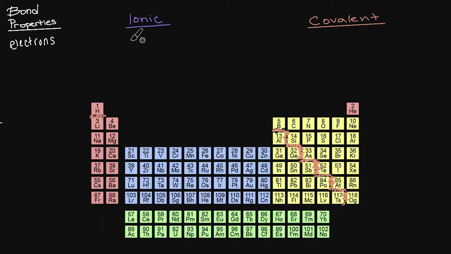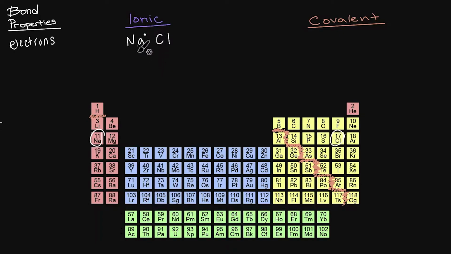A common example of an ionic compound is sodium chloride, also known as table salt, and it's composed of, not surprisingly, sodium and chloride. If you see sodium here in the periodic table, sodium is around here and chloride is around here. It's worth noting that sodium is the metallic part and chloride is the non-metallic part. Sodium has an electron here in its valence shell, so sodium wants to lose an electron.